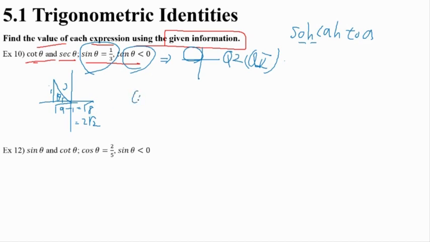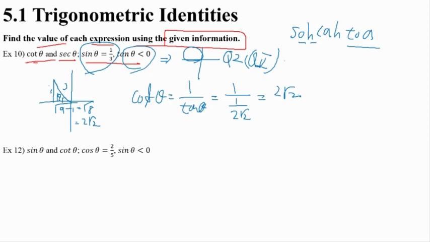Now find the cotangent theta. Cotangent theta means 1 over tangent theta. Tangent is opposite 1 over adjacent 2 square root 2, so upside down it becomes 2 square root 2 over 1. That is the cotangent.